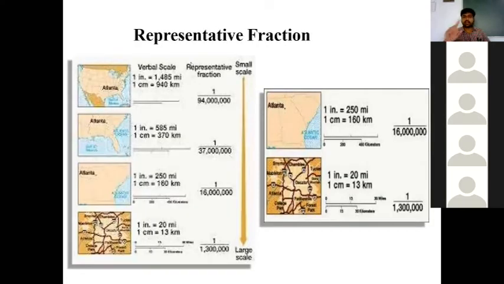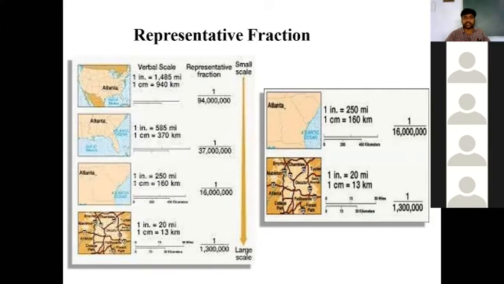Next, I was talking about large scale and small scale. Here you will have a proper idea about what is large scale and what is small scale. In the small scale, the length we consider will be very large. In the first case, 1 centimeter is equal to 940 kilometer, in terms of kilometer.